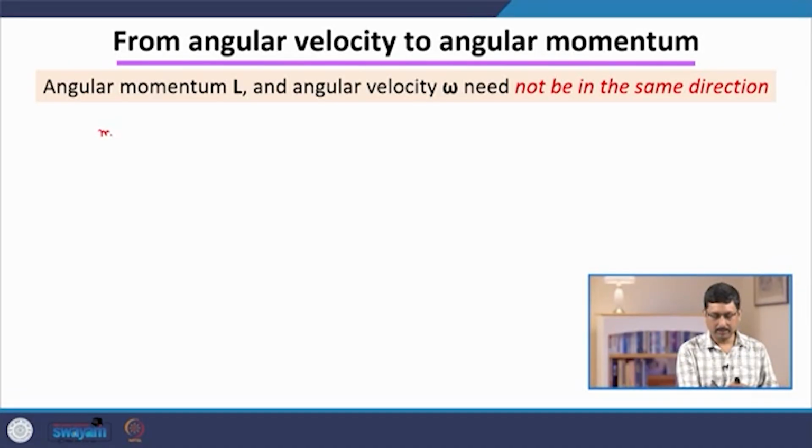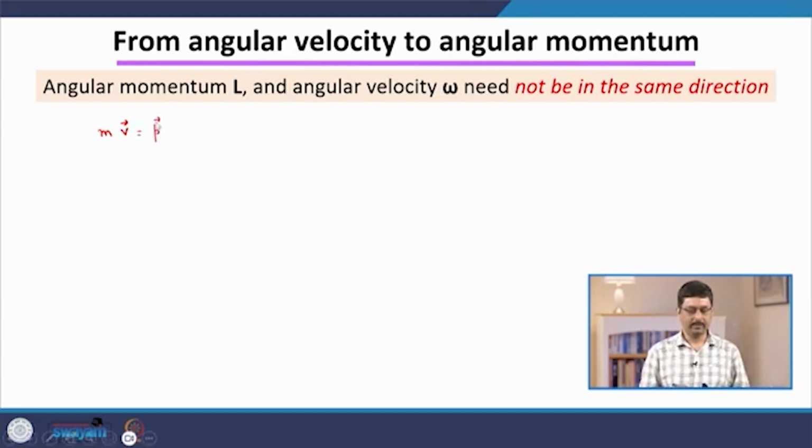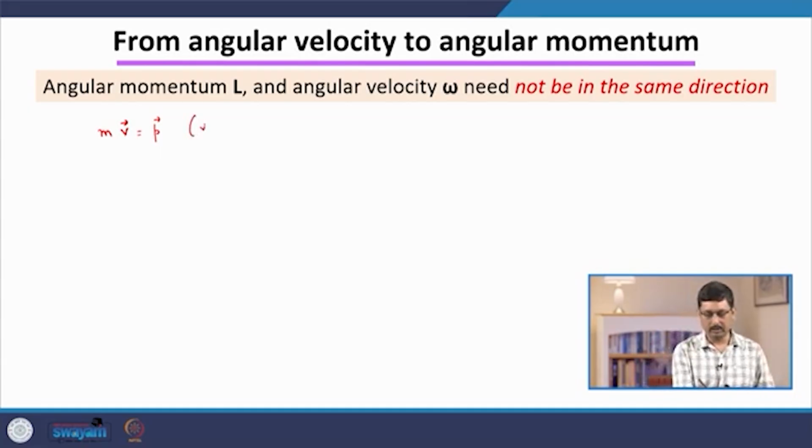In the case of linear momentum and linear velocity, we know that if a particle has a mass m and is moving with a velocity v, then its linear momentum is given by this particular formula when the velocity is very small compared to the speed of light.